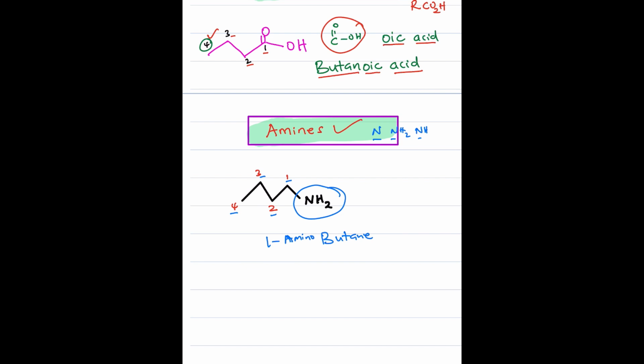But because it's on carbon number 1, we don't even have to say that 1-amino, so we'll just say aminobutane. Some people can name it as alkyl amine, so in that case it will be butyl amine.